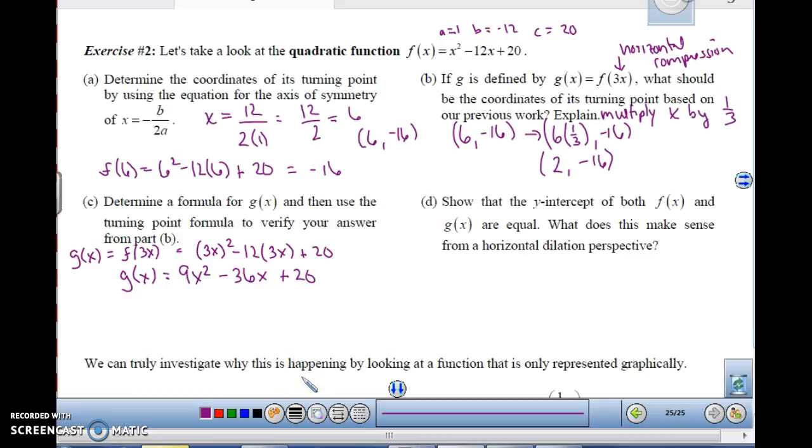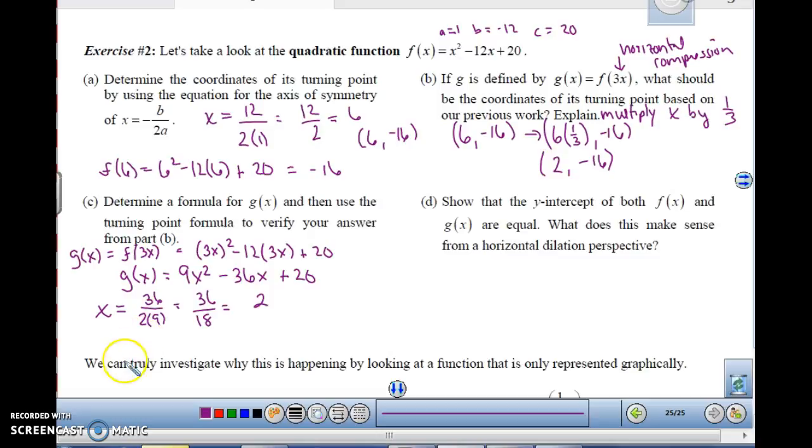So our turning point is x equals negative b over 2a. Negative b would be positive 36 over 2 times 9, which is 36 over 18, which is 2. So 2 matches.